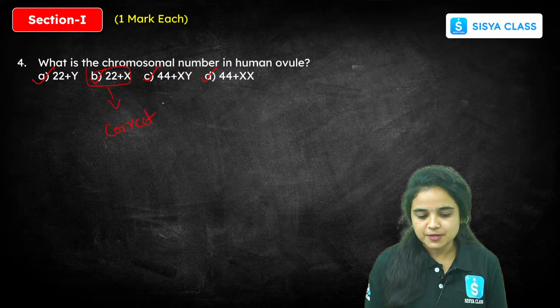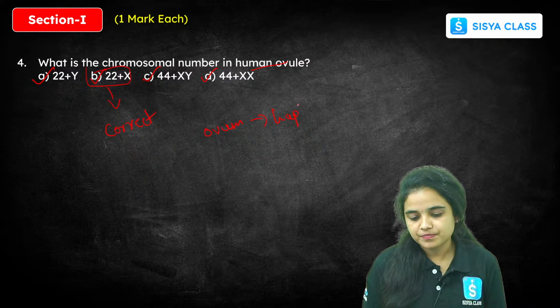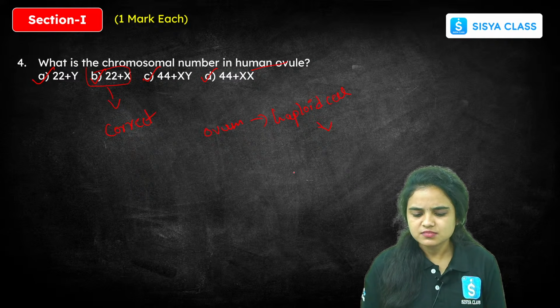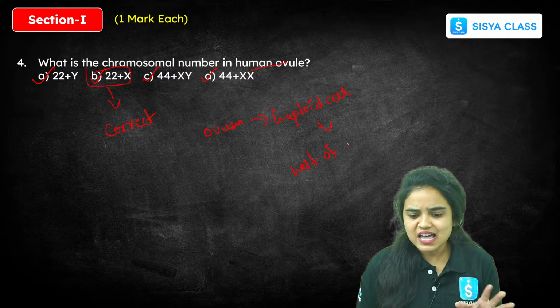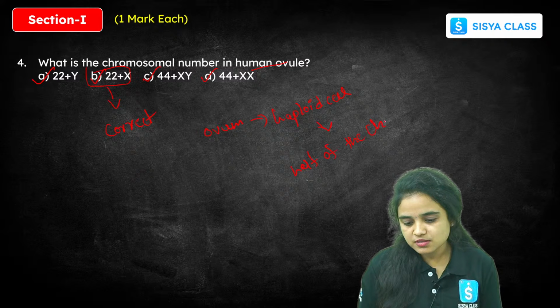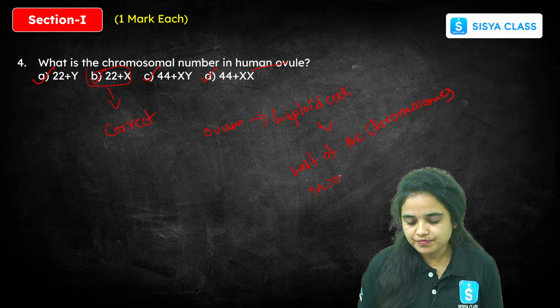Let us see why. The human ovum is a haploid cell. It means it contains half of the chromosomes of a somatic cell.